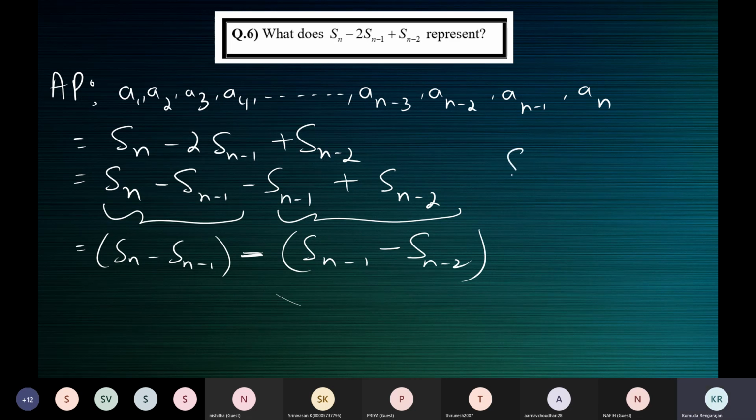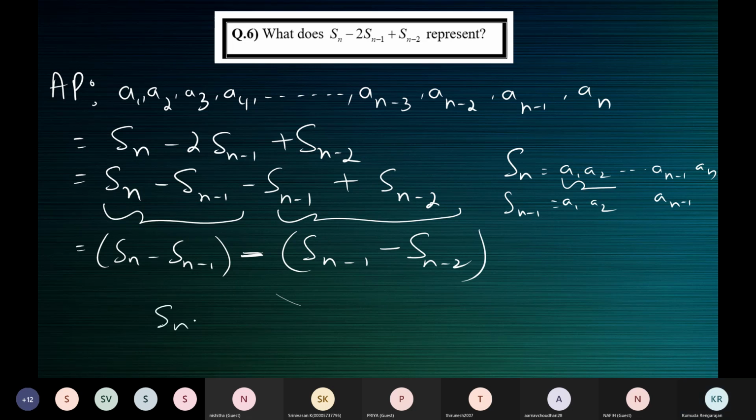Now we know that Sn is a1, a2 till an minus 1, an. Sn minus 1 is a1, a2 till an minus 1. What is Sn? Okay, let me write like this. What is Sn? The sum till n minus 1 and an, right?